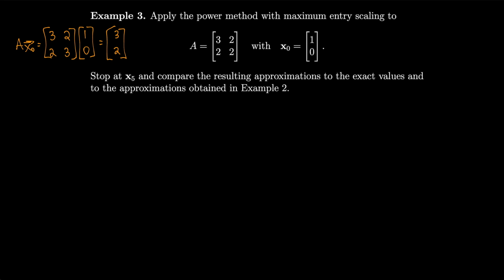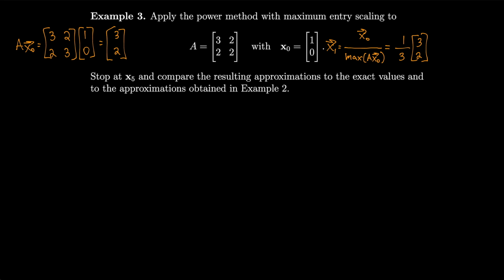So therefore, x1 would be Ax0 divided by the maximum absolute value entry of Ax0. So that means it's going to be 1 divided by 3 because the biggest entry is 3. So we'll take 1/3 and multiply that by [3, 2] for Ax0.